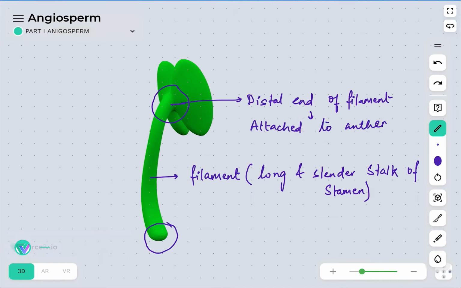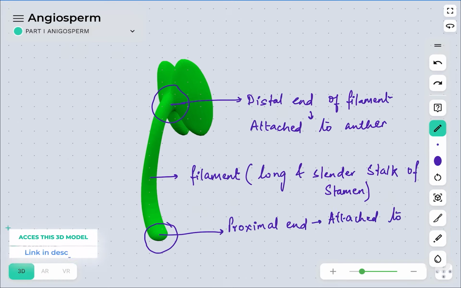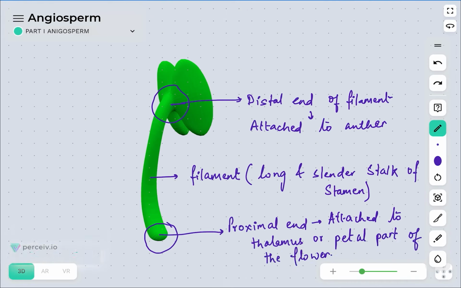And there is another end which is called the proximal end. This proximal end is attached to the thalamus or the petal part of the flower. So this was about the filament.